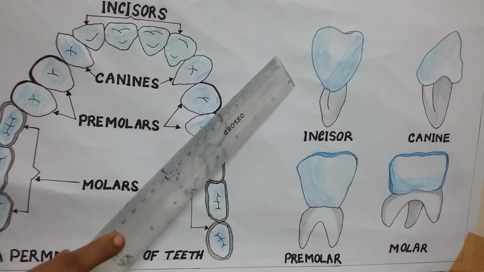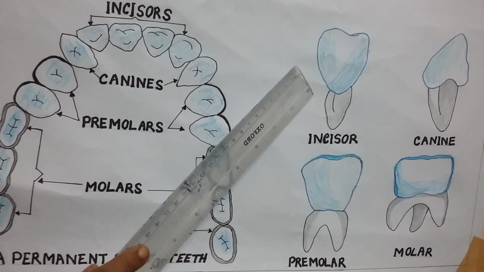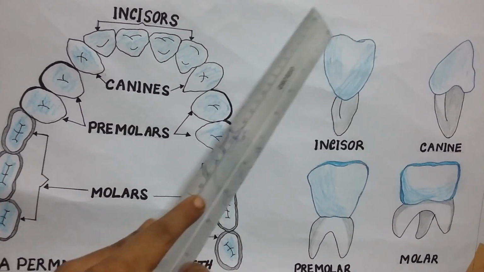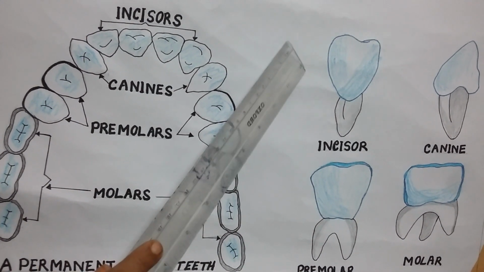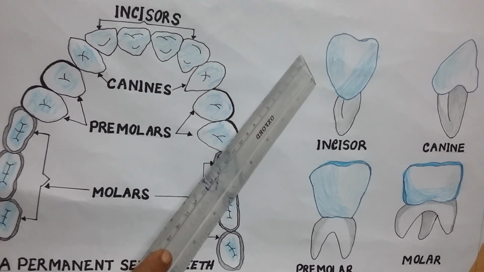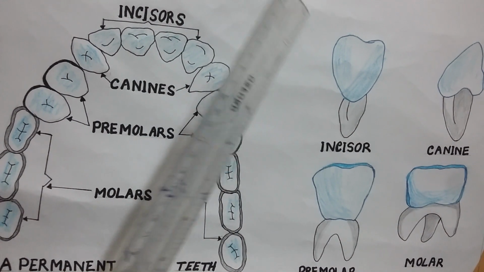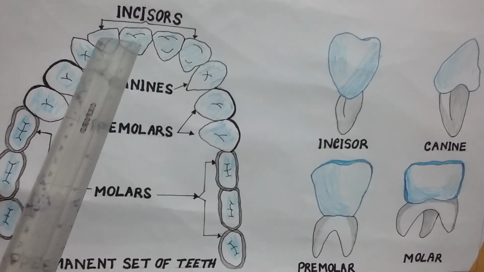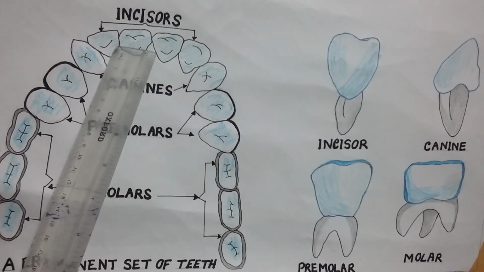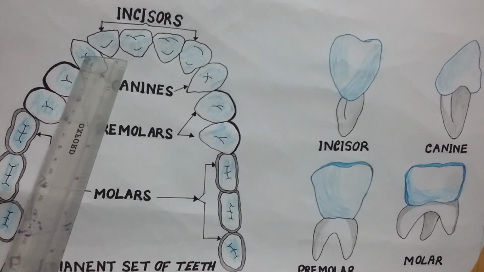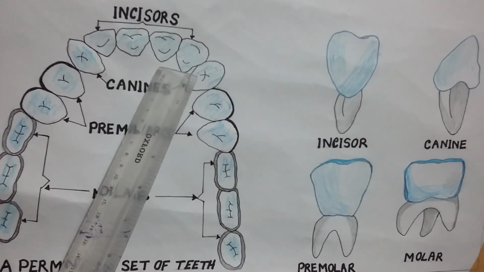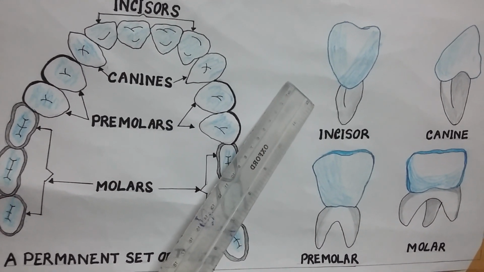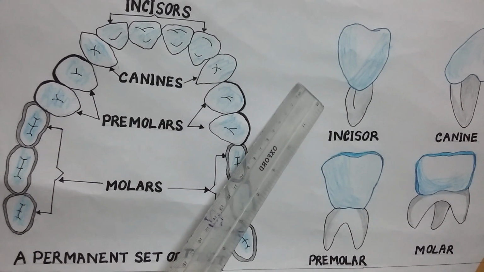Number 1 is incisors. Incisors are flat and blade-like teeth present in the front part of the jaw. Now here you see these are the incisors, which are flat and blade-like teeth present in the front of each jaw. These teeth help us to bite and cut the food into small pieces.